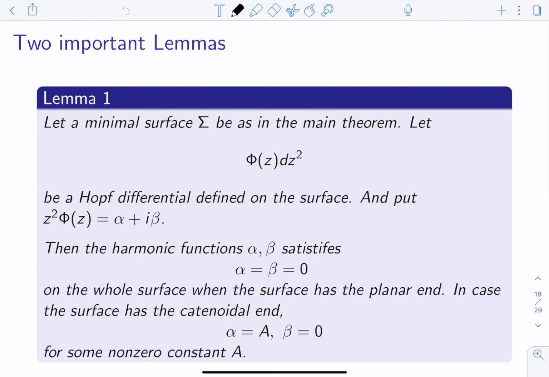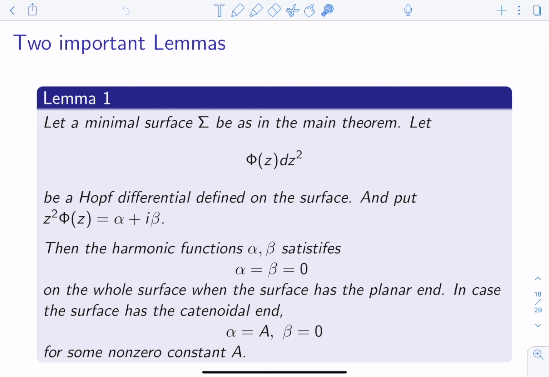Namely, we put φ(z) dz squared to be a Hopf differential defined on the surface, and put z squared φ(z) to be a holomorphic function here. Since it is well known that on a minimal surface φ(z) is holomorphic, α and β are harmonic functions.